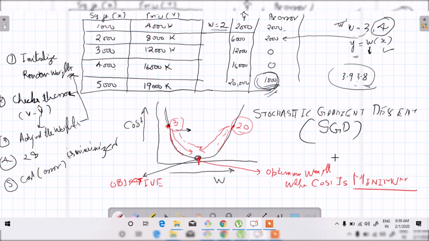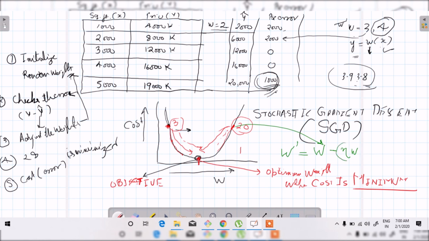Okay, so what is the equation, which is a very important one? This will be, for example, your new weight, and this is your old weight, and it is minus some steps from the old weight, right?